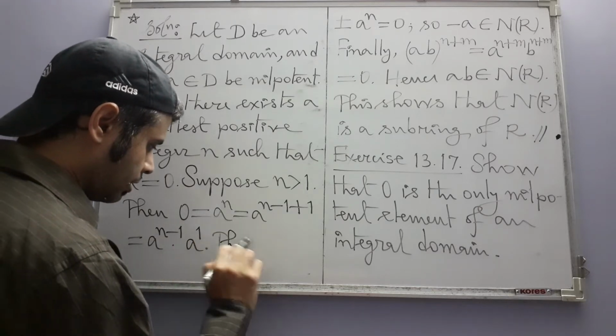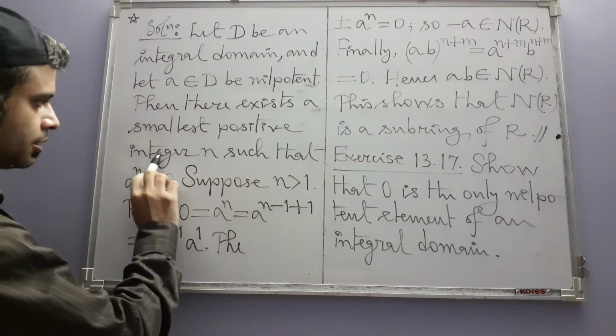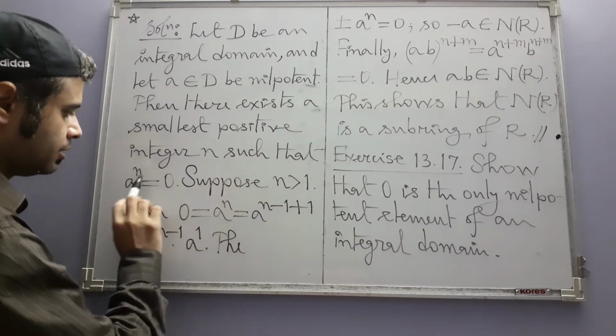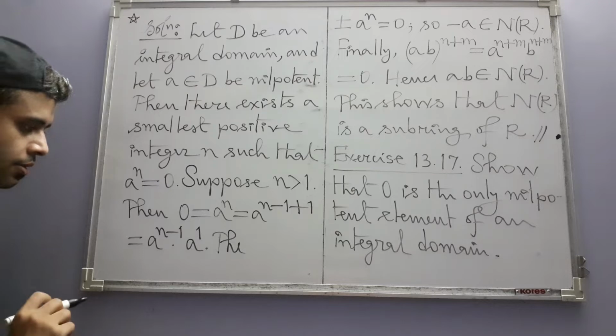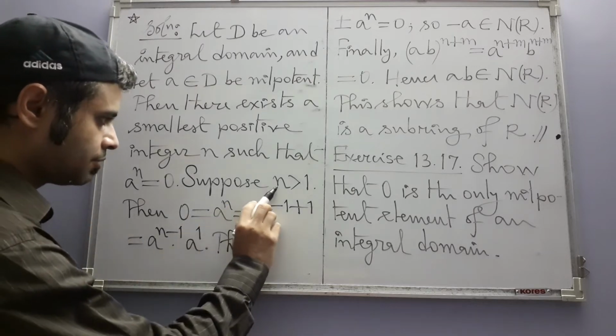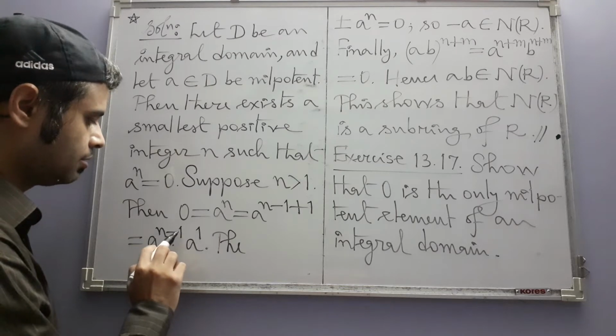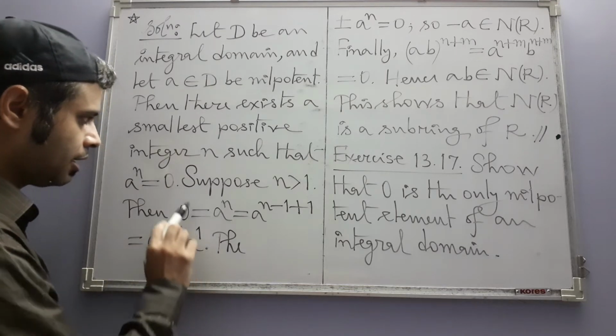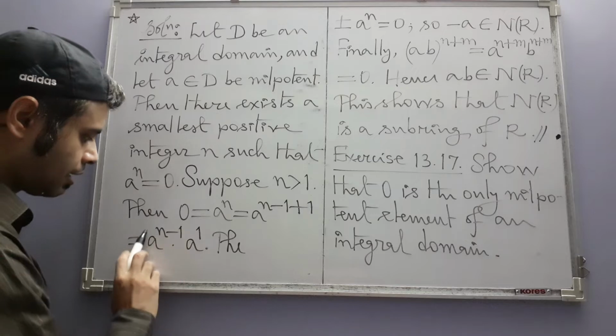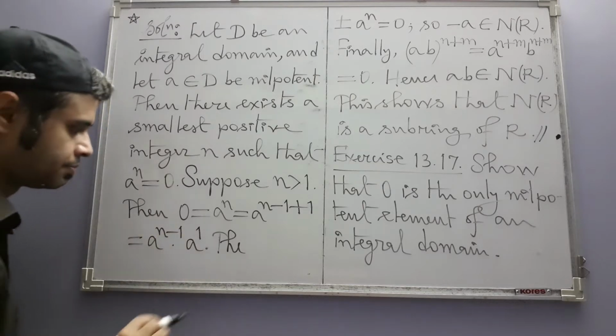Now note that n has been considered to be the smallest positive integer for which this power is 0. Now n minus 1, because of this inequality, is again a positive integer, but it is less than n. So the minimal nature of n will not allow this power to be 0.